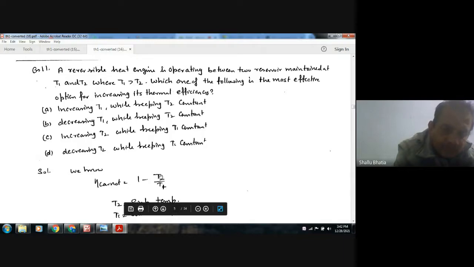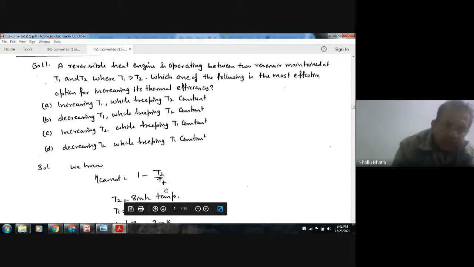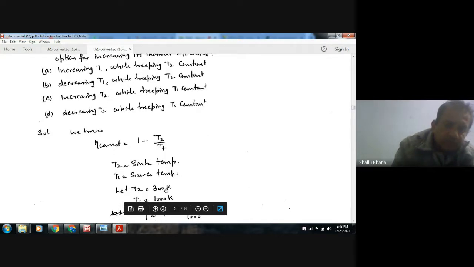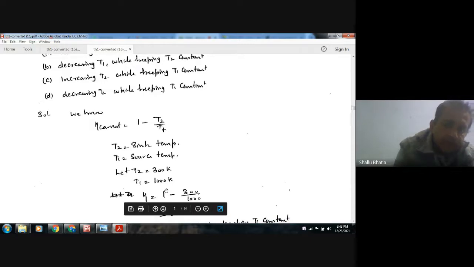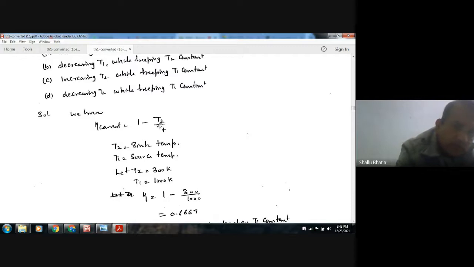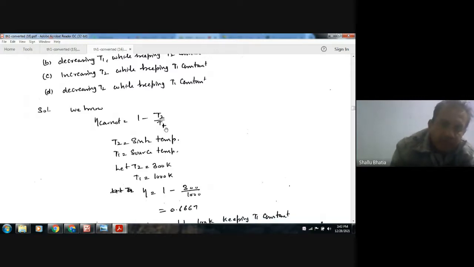If we decrease T2, then this factor will be more, and if we decrease T1, then this factor will be less. So what is the most effective? Either decreasing T2 or increasing T1. We have to determine.